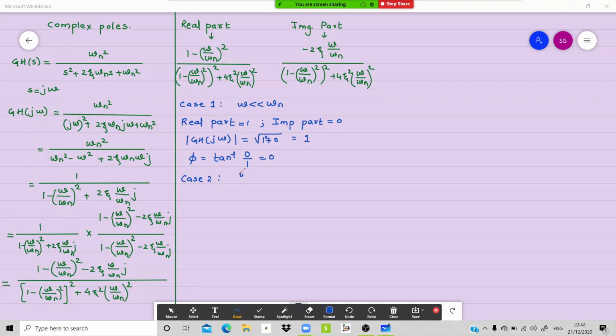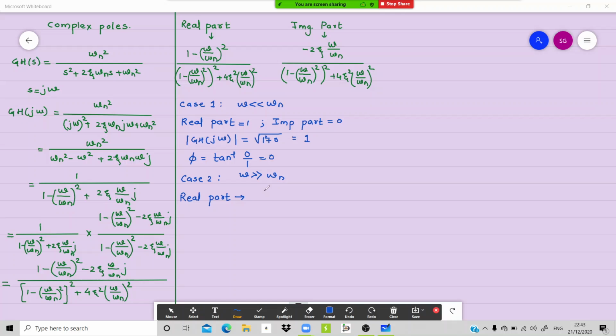So let us say omega is very large compared with omega n. Then what is going to happen? Now this term, because omega is very high, this will start dominating. So I'll write real part. Now when this thing will dominate, 1 will not be there, this term will be there, and this term will be there.